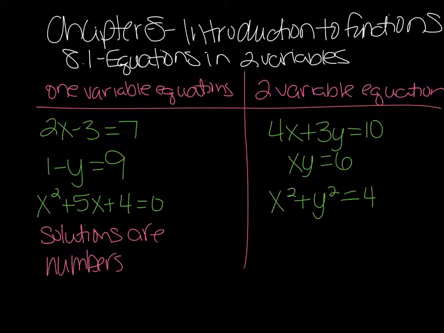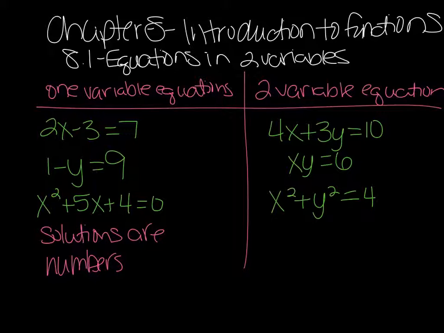It would be 10 minus 3y over 4. It wouldn't be a number, it'd be an expression. So I can't really solve, per se, if you're looking for a number. And same thing here. If I tried to solve for x by dividing by y, I'd get x equals 6 over y, which is not a number, it's an expression.